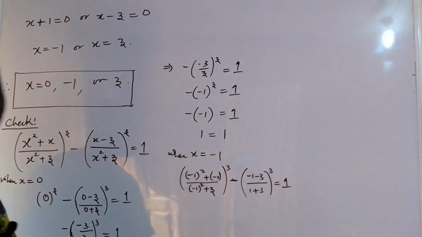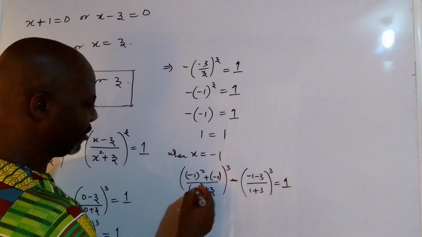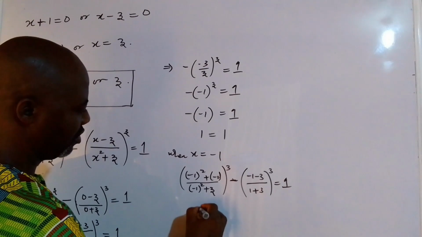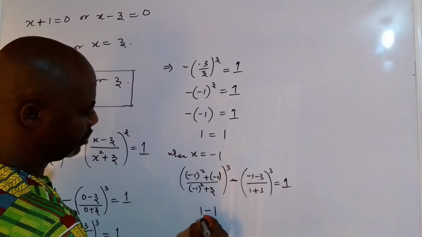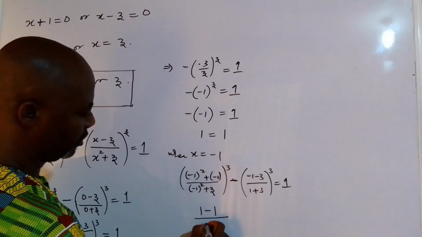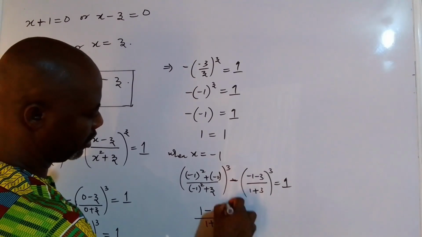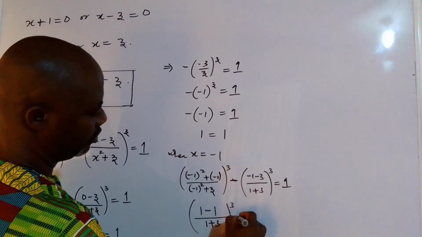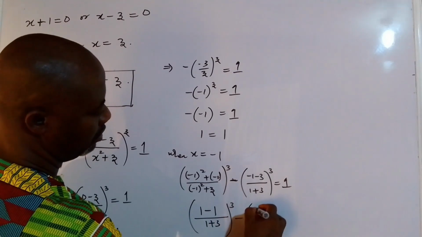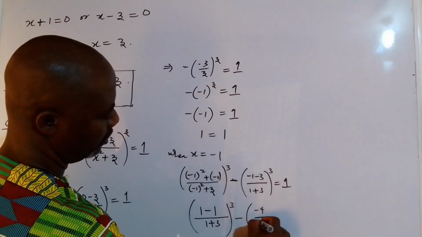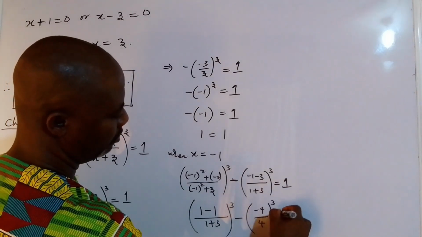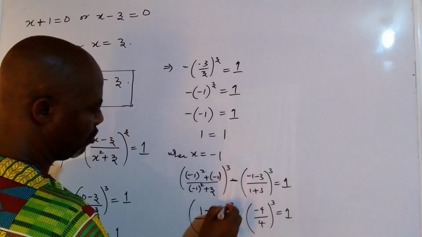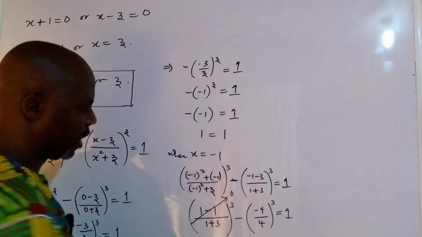Alright, so let's get done with that. So this will give us 1 minus 1 all over 1 plus 3 all cubed minus 4 over 4 all cubed equal to 1. The whole of this will go to 0, right?